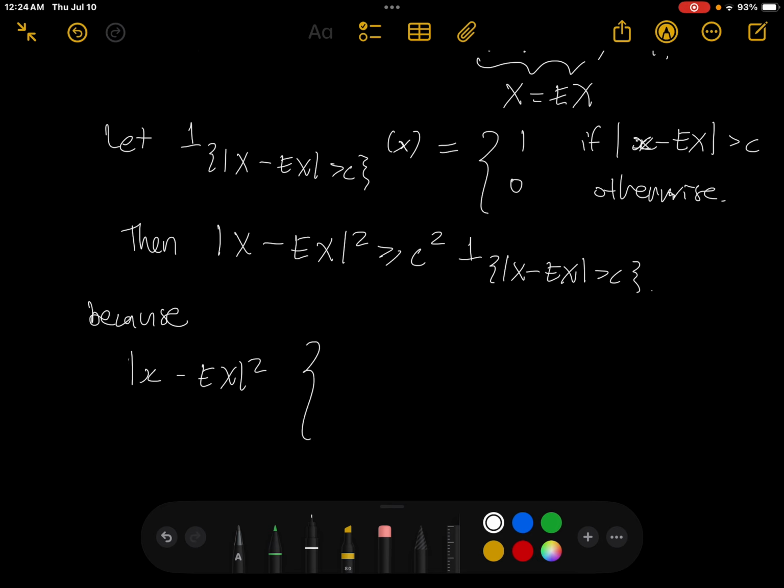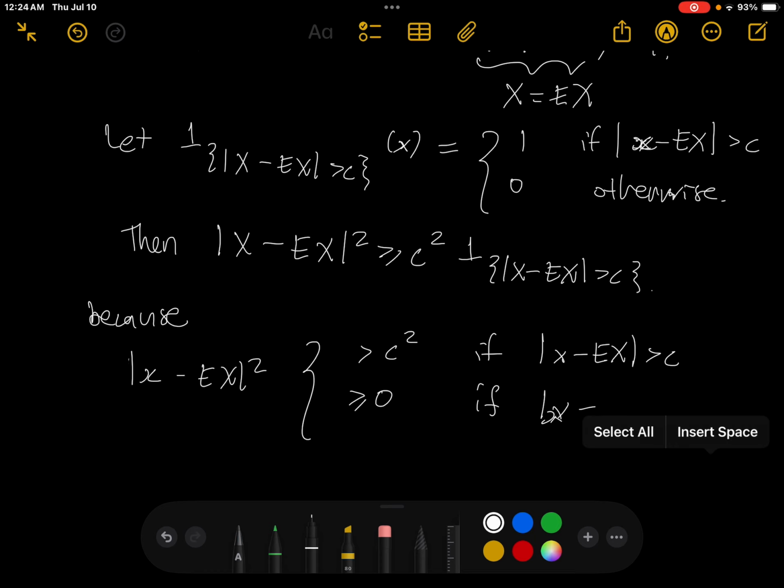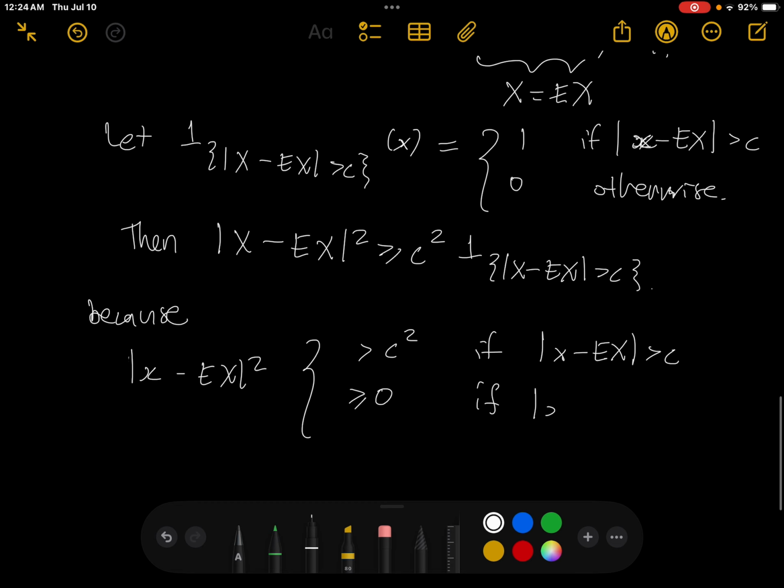This is greater than c squared if the absolute value of little x minus ex is greater than c, and it's greater than or equal to 0 if the absolute value of little x minus ex is less than or equal to c.